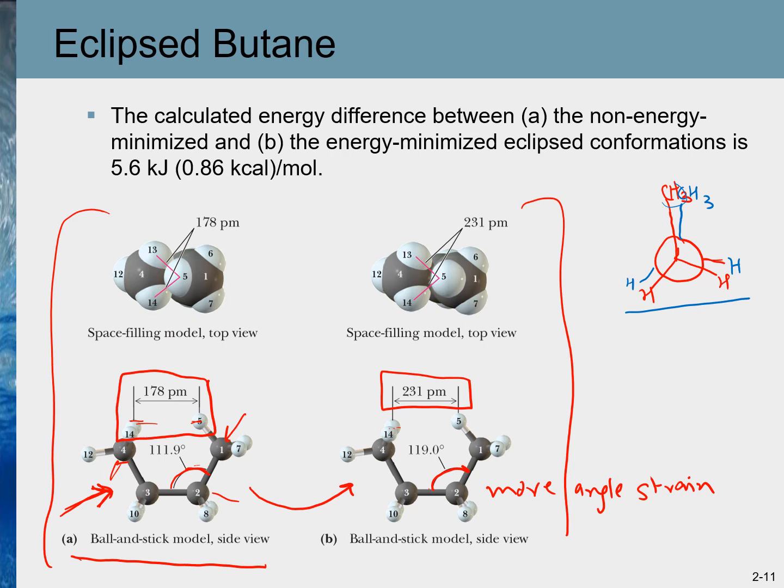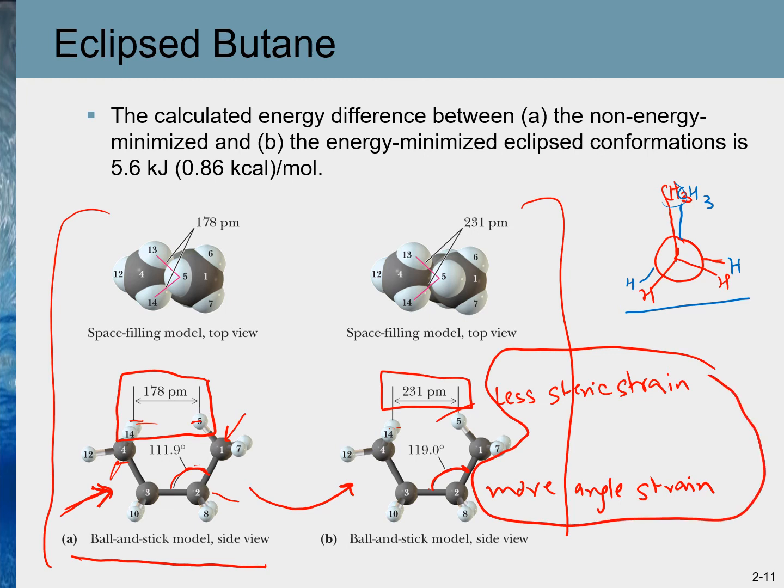So there is less steric strain. So the combined sum is that although in this geometry there is more angle strain, because there is less steric strain, overall B is more stable. So in energy calculations, we always look for the more stable arrangement.